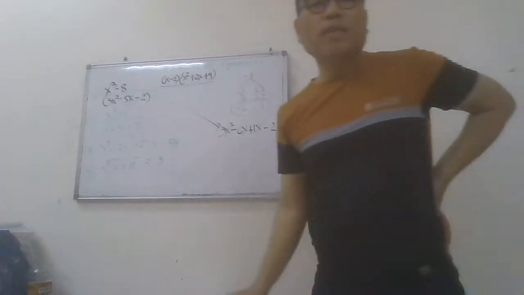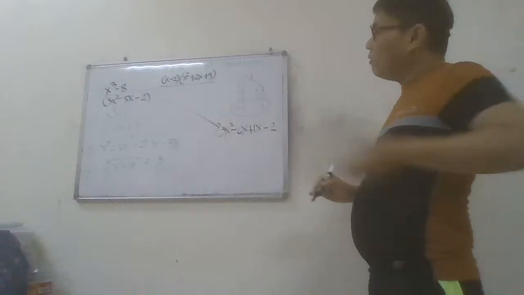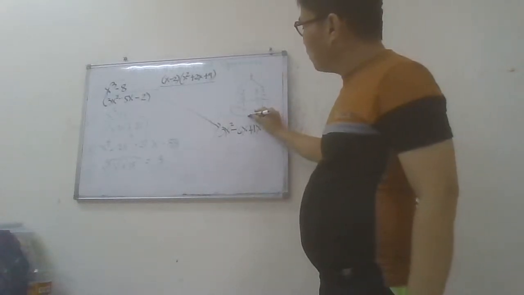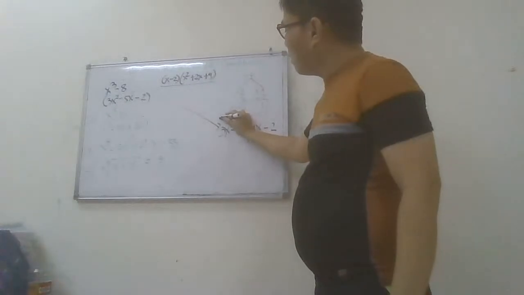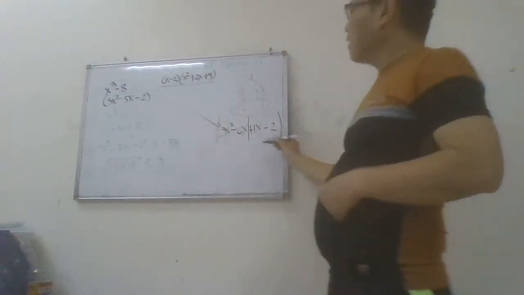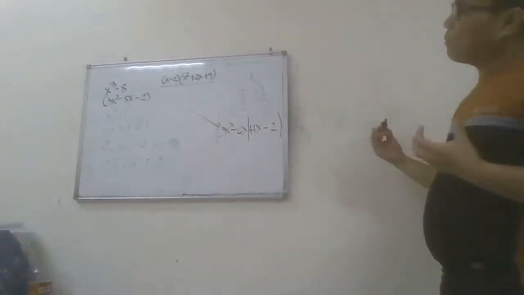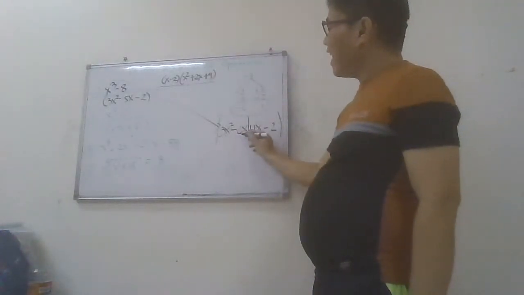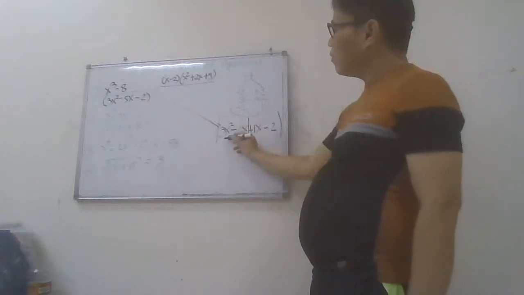Okay, so this is factoring by grouping. You divide these two, putting a division between them, and make separate parentheses. Then we find the common GCF or common monomial in these two terms.